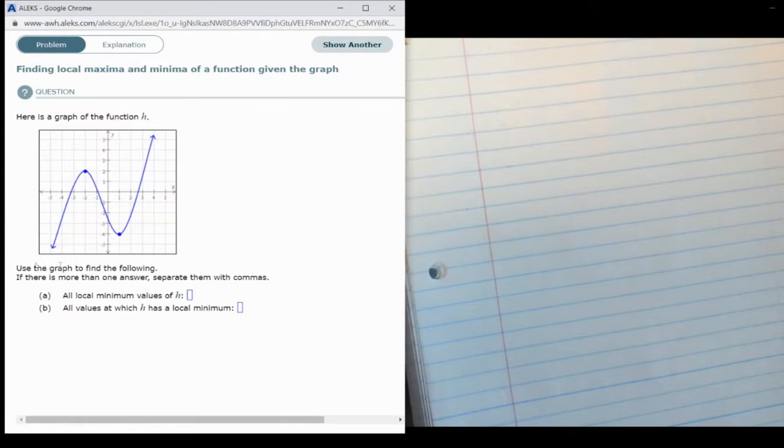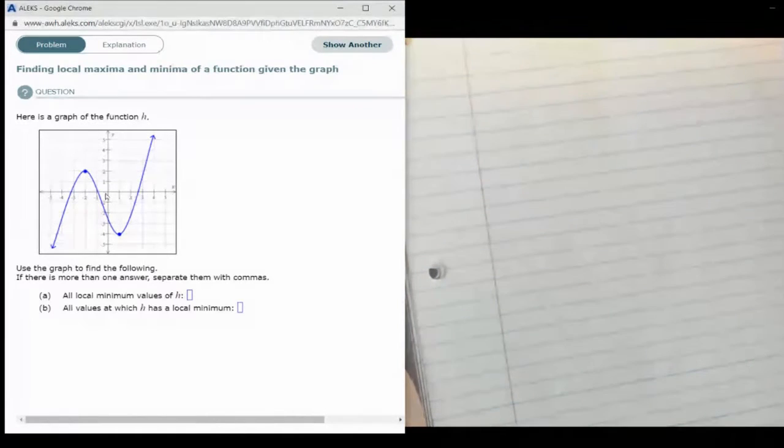Here's a graph of the function. Okay. So a local max and min, or relative max and min, are high and low points, but not necessarily the highest point, because this keeps going up. So it's not the highest point, but it is a high point in a certain interval.